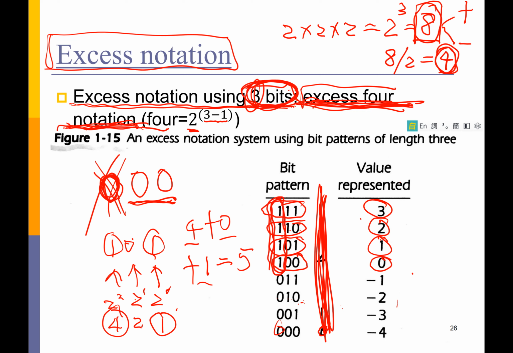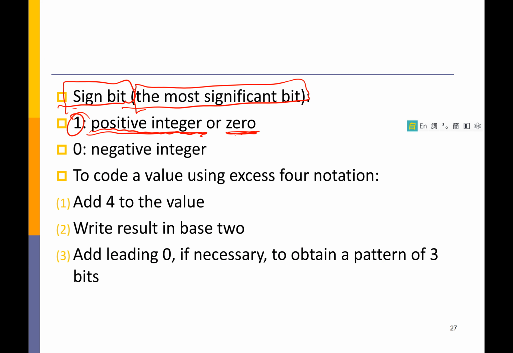So if the leftmost bit value is 1, it represents a positive value or 0.